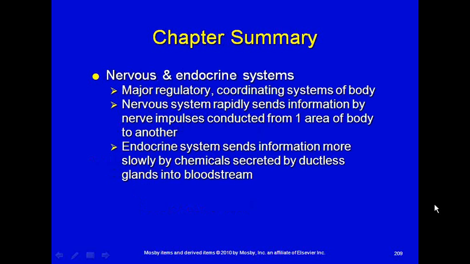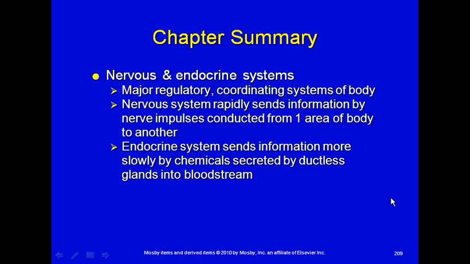We looked at the nervous and endocrine systems and talked about the major regulating and coordinating systems of the body. We talked about how quickly the nervous system can send information by nerve impulses from one area of the body to the other, and how the endocrine system uses a complex chemical process using hormones and neurotransmitters secreted by glands into the bloodstream that occupy receptor sites on organs and cause specific actions.